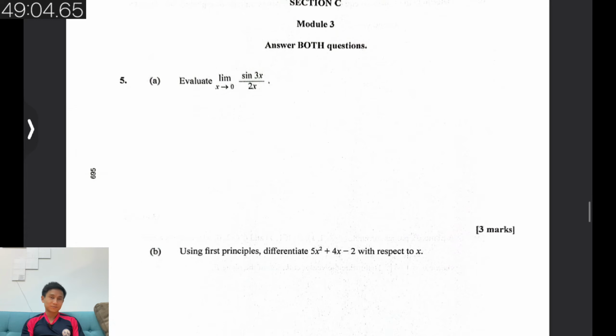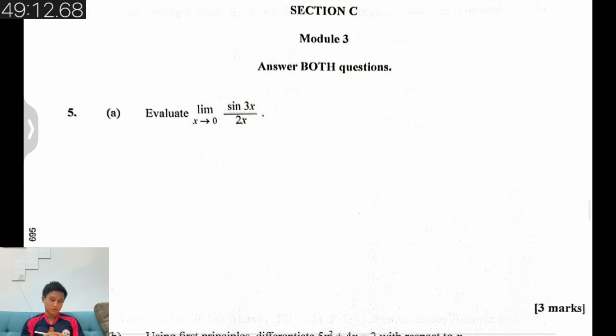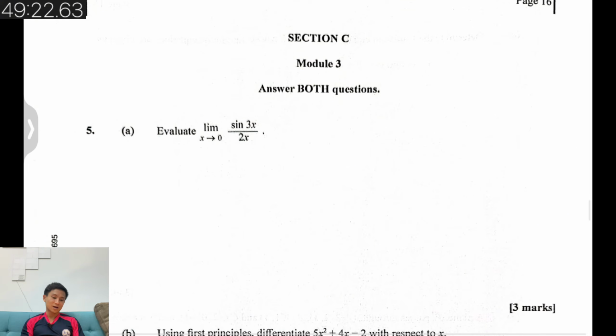Module 3 now. I think, yeah, we're still fine. 5. Evaluate that. Okay, well, limit x approaching 0. Because if you substitute x into this, both the denominator and numerator become 0, so we need to use L'Hopital's rule.